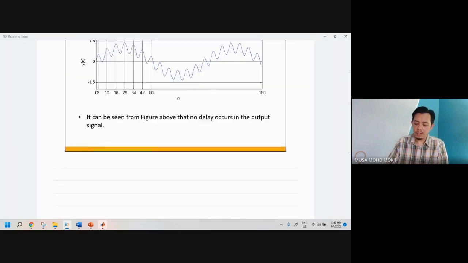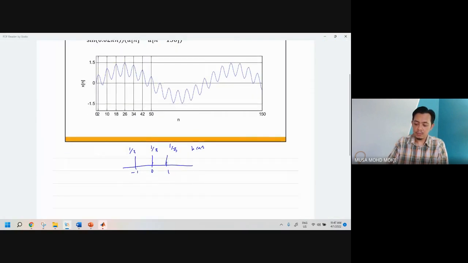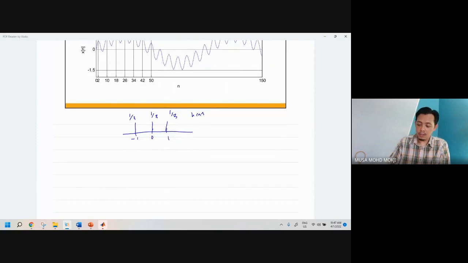Let's say this is a system. We are going to delay it, pushing it so that it will start at 0, to convert it so that we can have a linear phase.